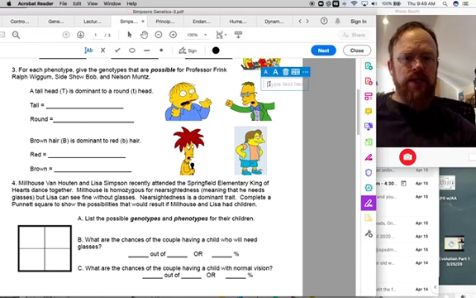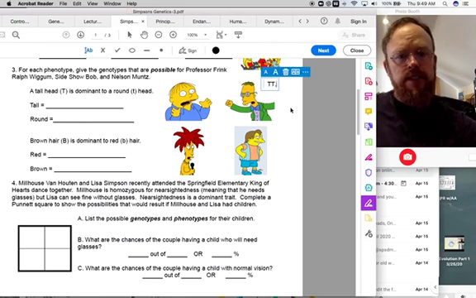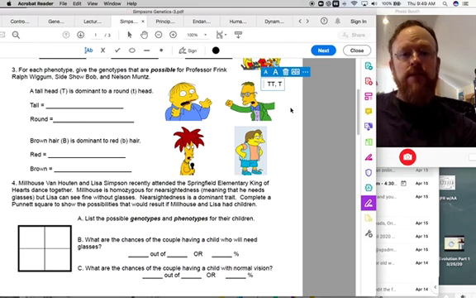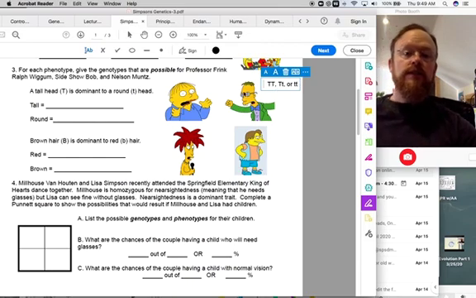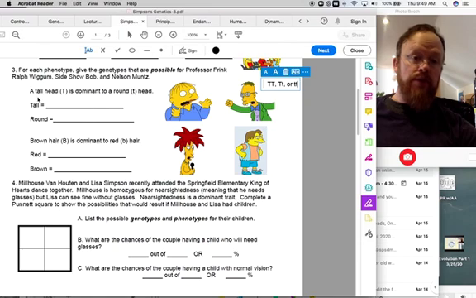It's going to be TT, capital T, capital T, lowercase t, or it's going to be little t, right? Those are your choices. So which of these three genotypes code for a tall head? Well, how do you figure that out?